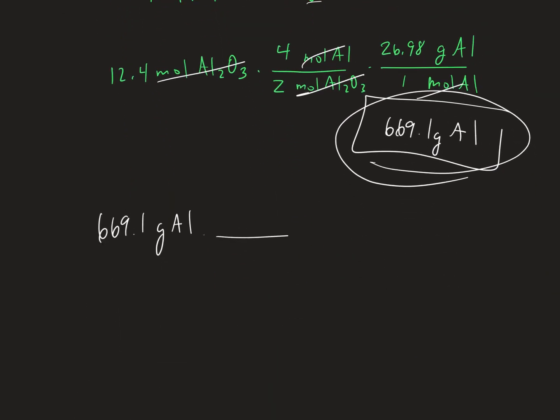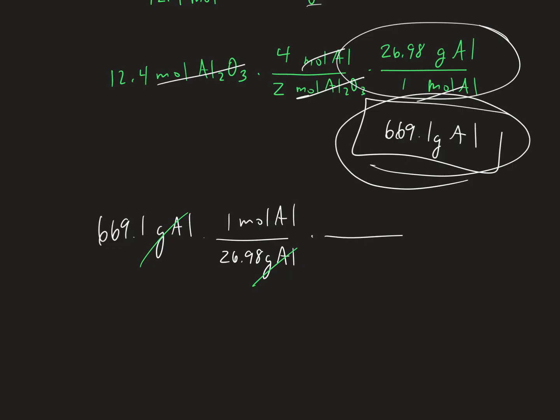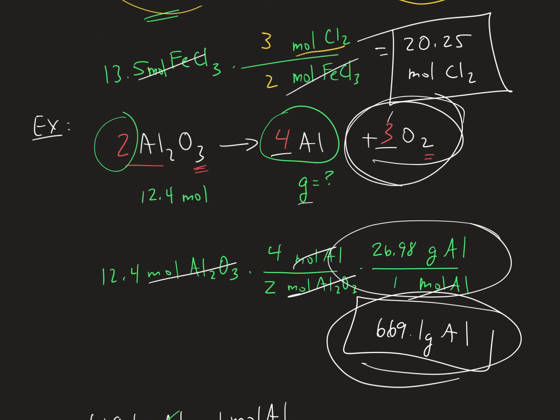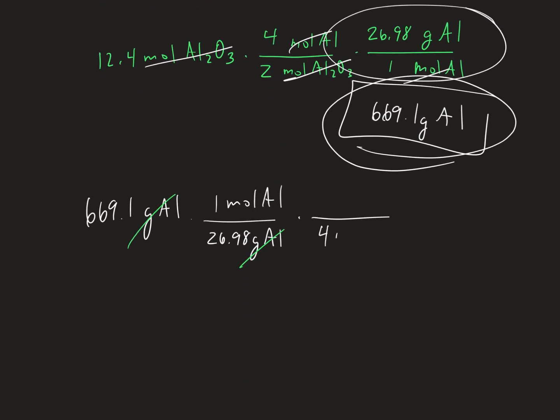All right. So we need to find the molar mass of aluminum. That's the same thing, 26.98 grams of aluminum on bottom, so it cancels, to 1 mole of aluminum on top. And the mole to mole ratio from aluminum to oxygen is 4 moles of aluminum to 3 moles of O2.